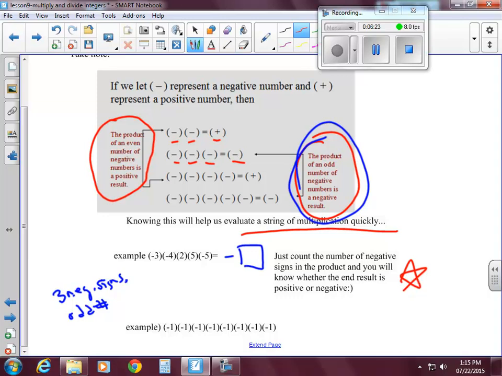So in other words, just focus on 3 times 4. You already know the answer is going to be negative in the end. So 3 times 4 is 12, times 2 is 24, times 5 is something. I'll do that off on the side, is 120, and then 120 times 5.